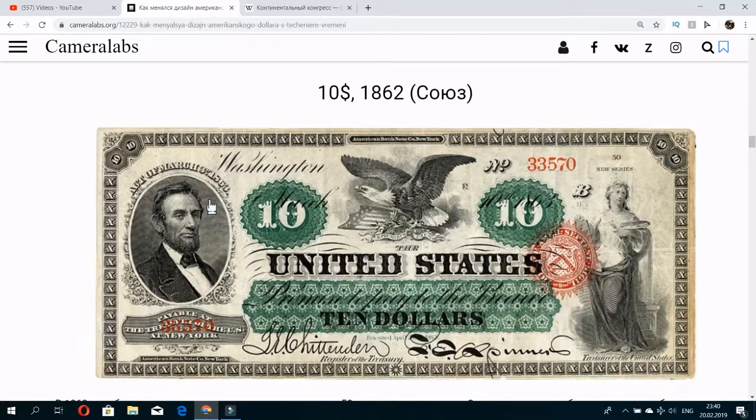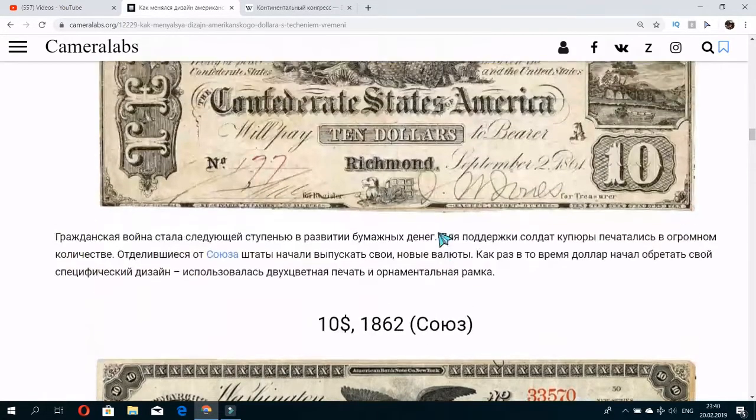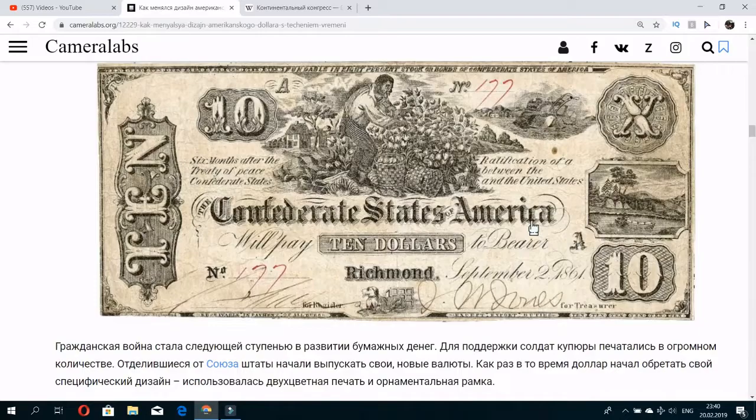Who is it? Yeah, 1862. Okay, it says $10 payable at the Treasury of the U.S. at New York. So United States, and that was Confederate States of America.